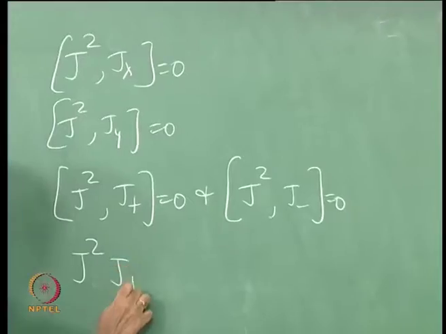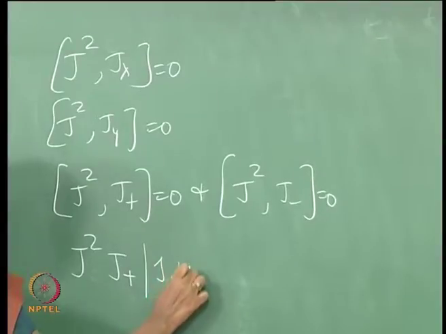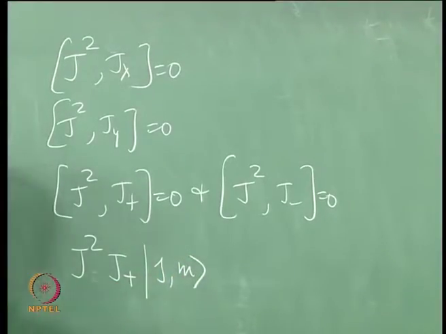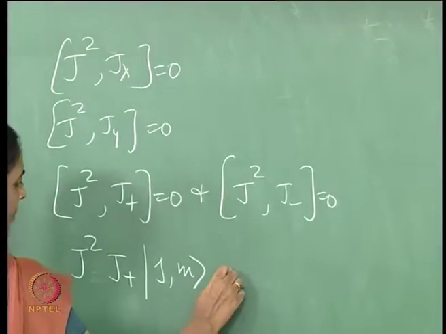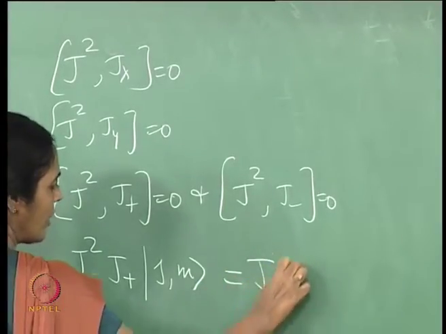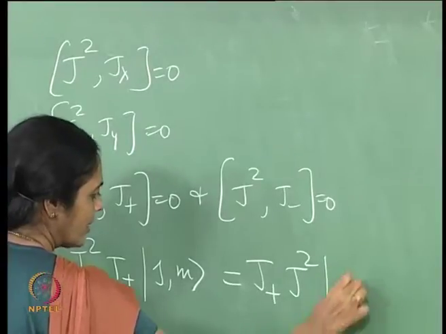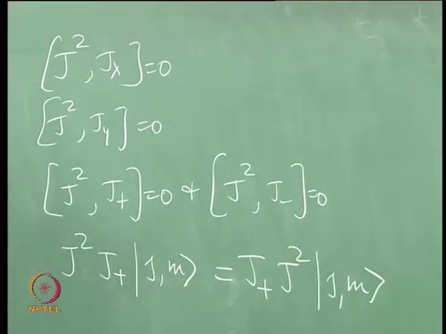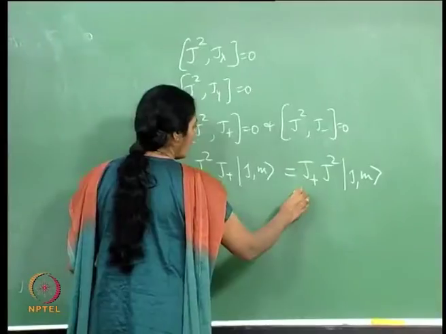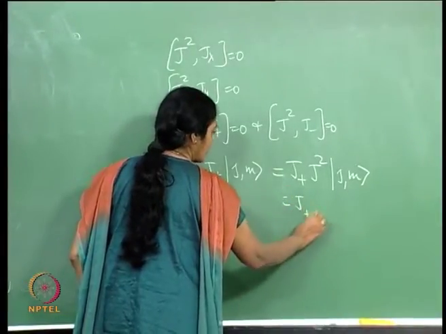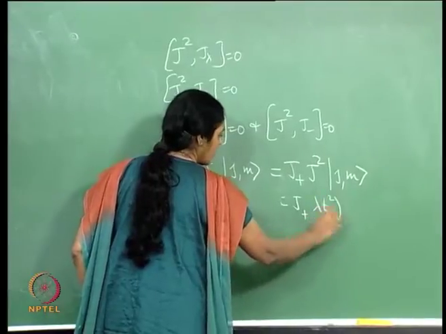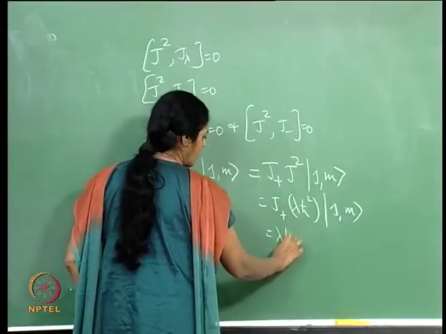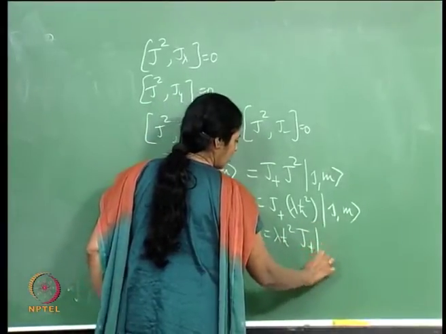I therefore have J squared J plus acting on the state |j, m> equal to J plus J squared acting on the state |j, m>. I know that this is J plus times the number lambda h-cross squared |j, m>, and since that's a number I can pull that out and I have J plus |j, m>.